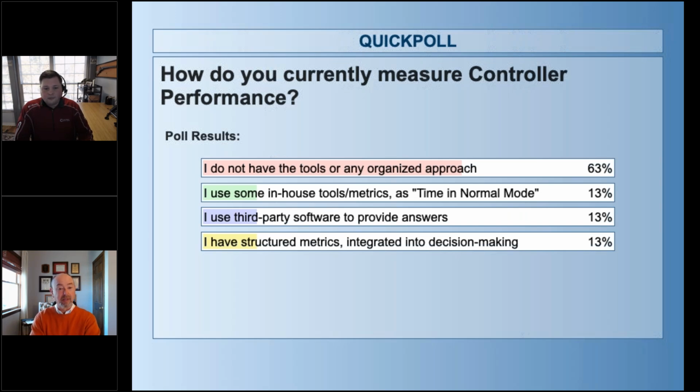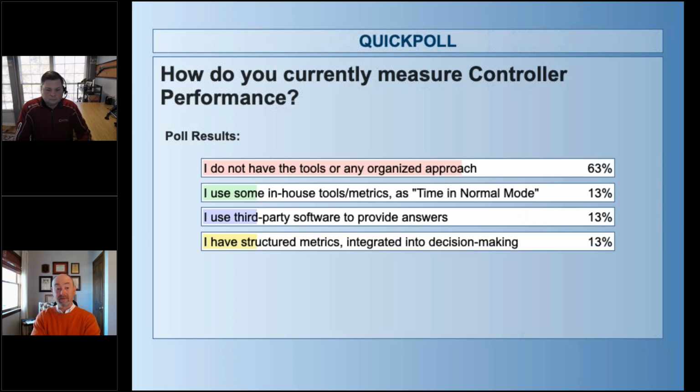Yeah, you definitely can't control what you can't measure, right? So how do we measure controller performance? Right. And interestingly, there's a smattering of others in here as well. In-house tools. I've seen a lot of people try to build in-house tools, which is great for a little while, and then becomes very difficult to sustain as maybe the person that developed the tools moved on to a new role, those kinds of things.